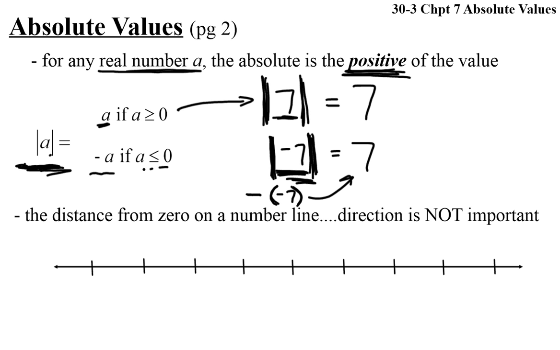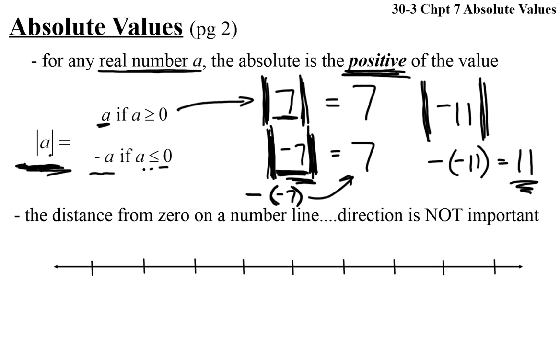Kind of quirky, but mathematicians say anytime I have a negative value inside the absolutes, we therefore want the negative of that negative, which means we get the positive of it. That's kind of the math that's happening.